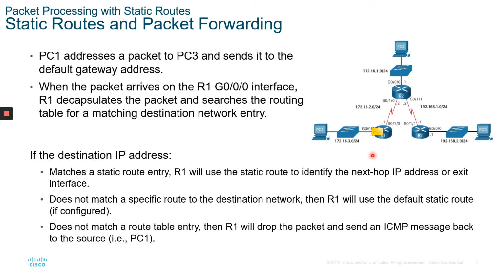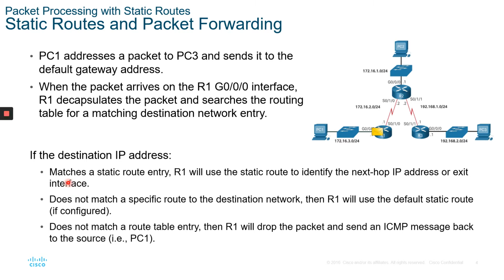Now there could be three scenarios when it's searching for a matching network address in the routing table. One possible option is that it matches a static route entry. In this case, R1 will use the static route to identify the next hop IP address or exit interface.